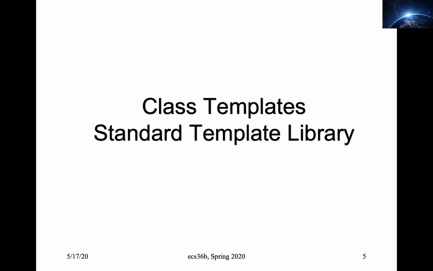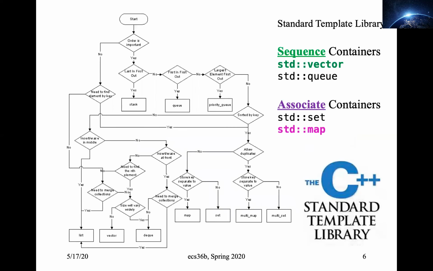So essentially, if you look at a typical C++ standard template library, there is actually a flow chart for you to decide what kind of template you should be using to deal with your system. For example, each rectangle box represents a standard template offered by the C++ library.